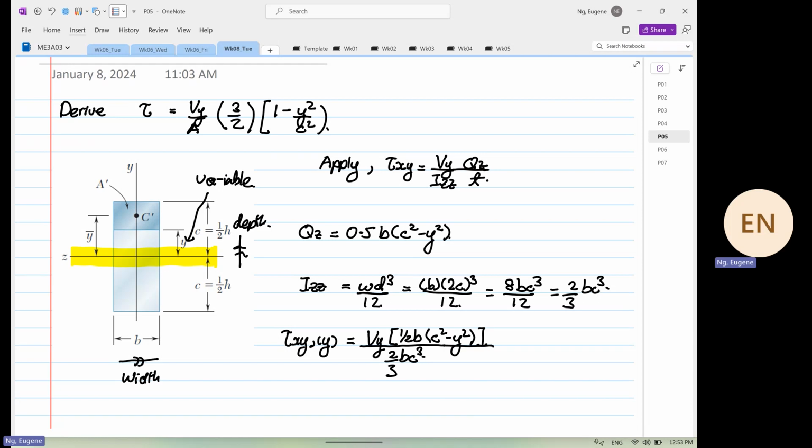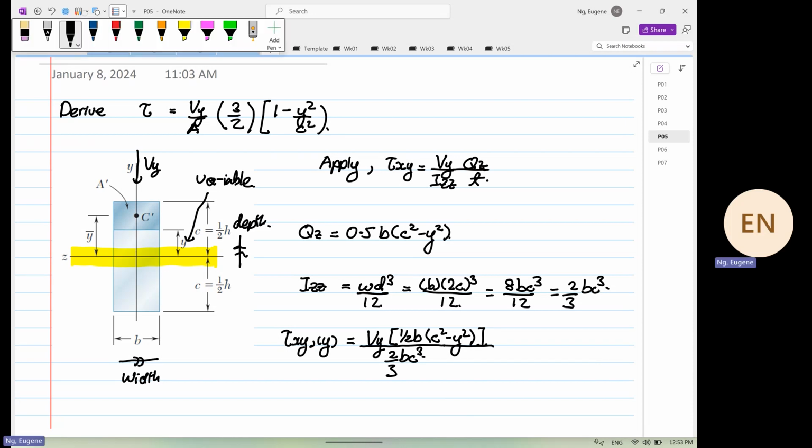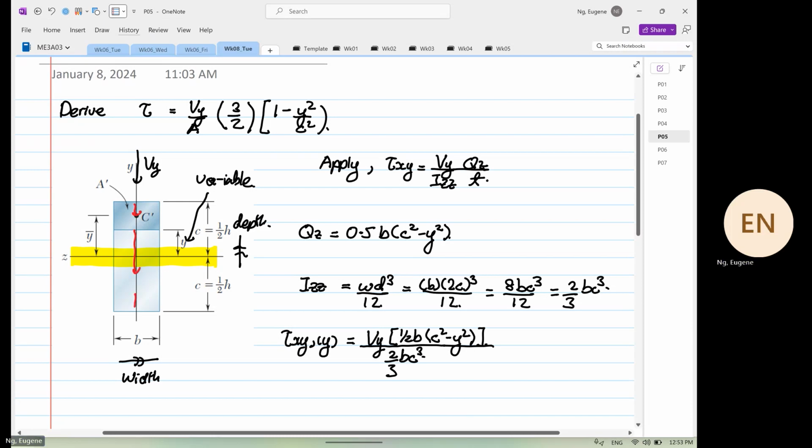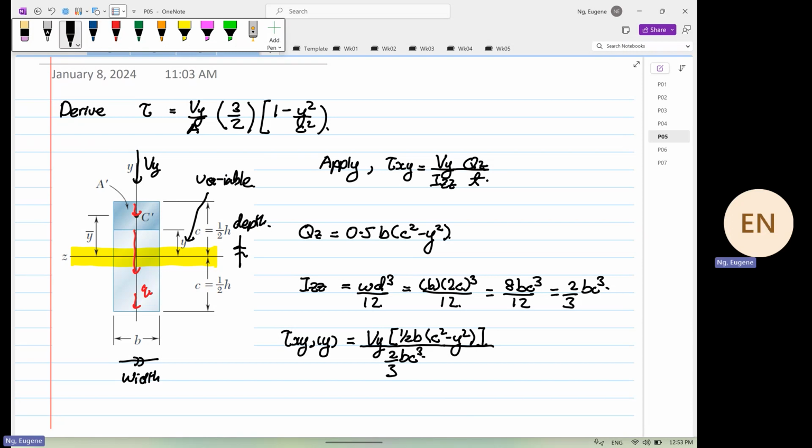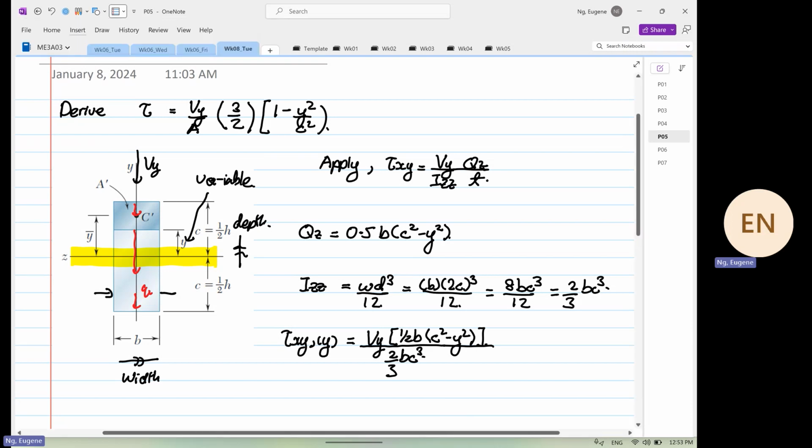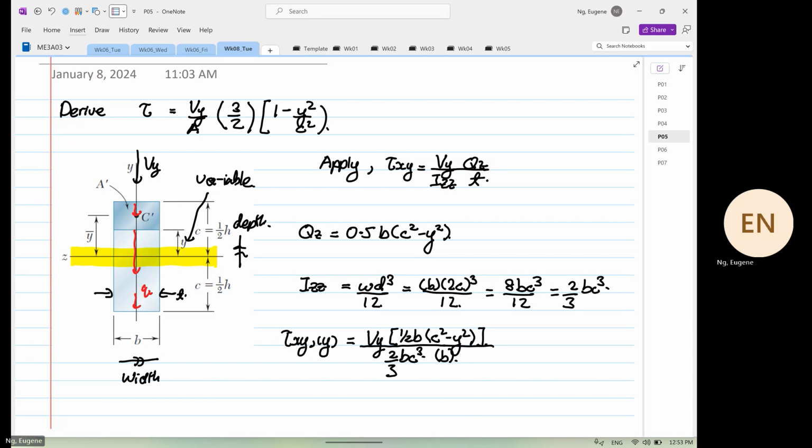Now the thickness is equal to what? If this is our Vy, then I'm going to draw in red, this is our Q. Remember what I told you, the thickness is perpendicular to the shear flow. So this is our T. From here, we can multiply this by B. Next, we need to do some canceling.